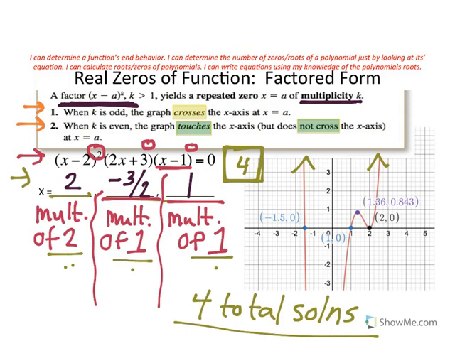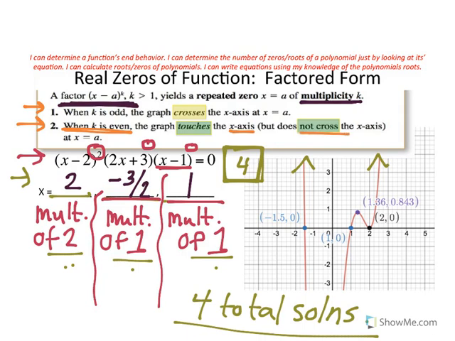So if I have a multiplicity of an even number, so starting down here, if I have a solution that counts 2 times, or 4 times, or 6 times, or 8 times, on and on and on, then my graph is going to touch at that solution, but it's not going to cross through.